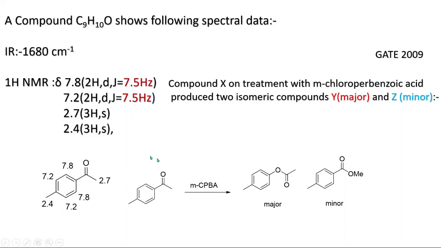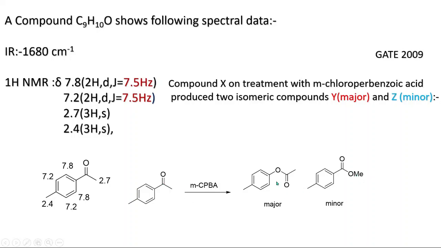Now when X reacts with MCPBA, we know that this reaction will convert the ketone into an ester. Now the question is whether the oxygen will be inserted into this bond or this bond. Based on that, we have major and minor. You can see oxygen is inserted in between the phenyl ring and the ketone, or between the methyl and the ketone.